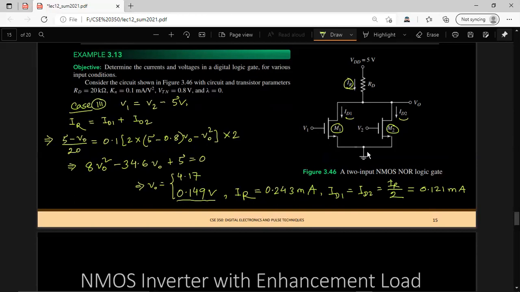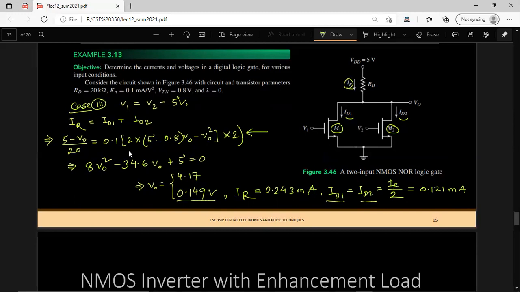But if the internal parameters of M1 and M2 were different, then we couldn't divide it equally. You would need to use this formula to separately find the values for ID1 and ID2.